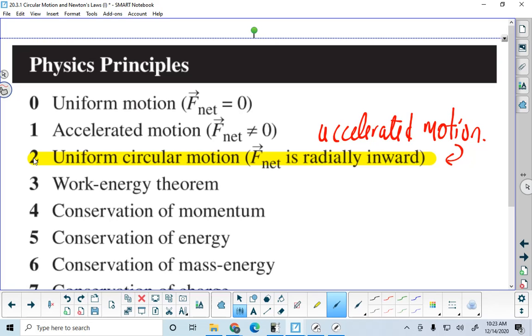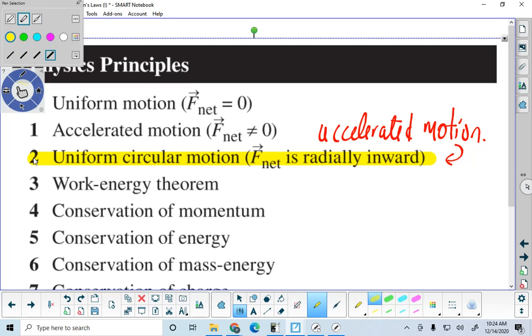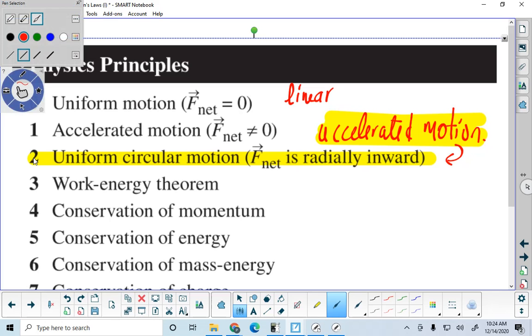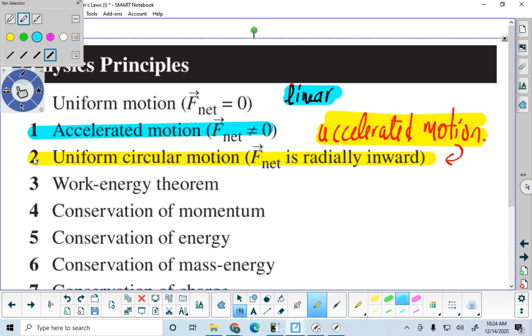It's circular accelerated motion. And Andrea, what I was just going to do is say that the difference between this that's highlighted, and I want to make sure that you get this because I don't have a whole lot of room here, and neither do you on your formula sheet. What I was just about to write is that physics principle number 1 is linear accelerated motion.